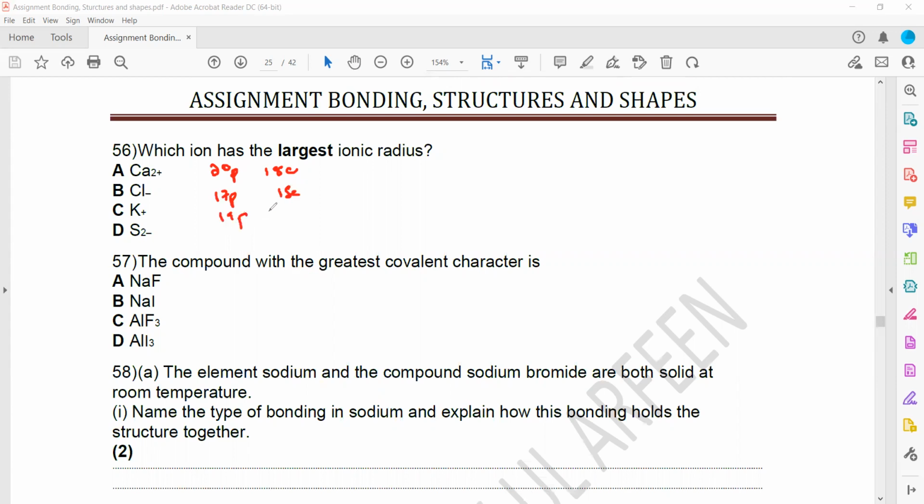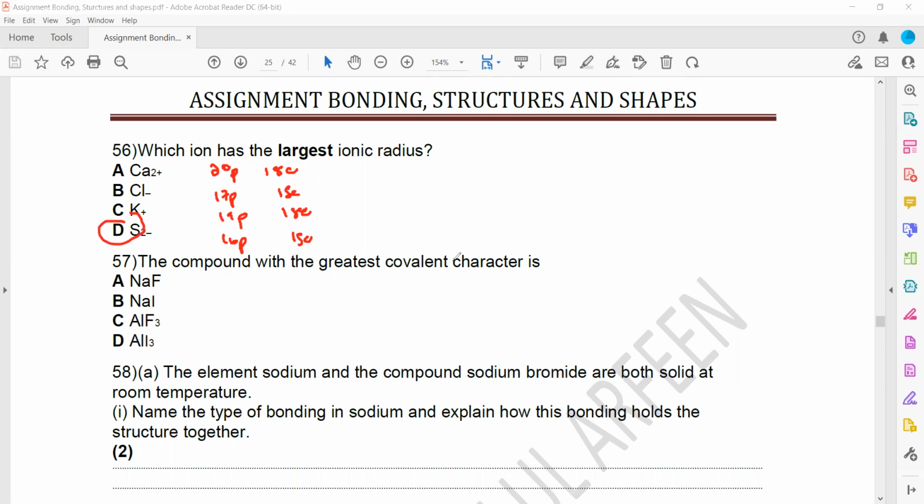This will have 19 protons and 18 electrons, and this will have 16 protons and 18 electrons. This is the same question with the same options, but before it was the smallest when we highlighted calcium, and now it will be sulfur. So D will be the right answer.